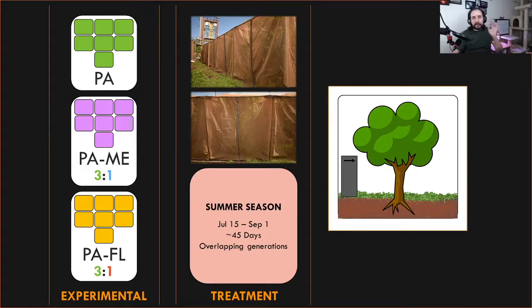Finally, all of the experiments I showed were in the lab, right? Now we want to know if our experiments are ecologically relevant. To understand that, we did the experiment in an outside setting.